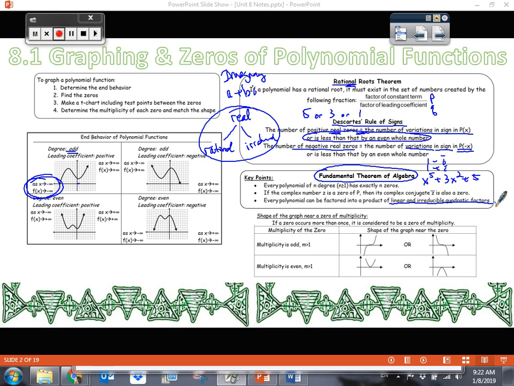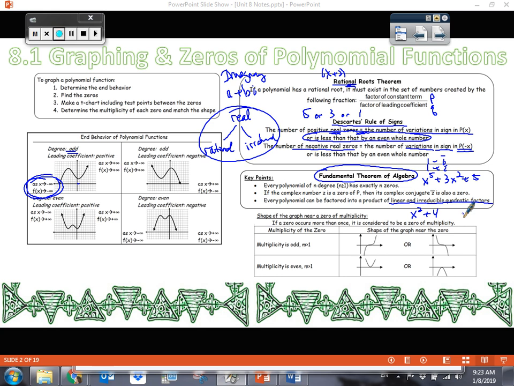Those vocabulary words are a big deal. We use them in calculus. A linear factor is like x plus 2 to the first power. That's a linear factor. An example of an irreducible quadratic would be x squared plus 4. It's a quadratic factor.